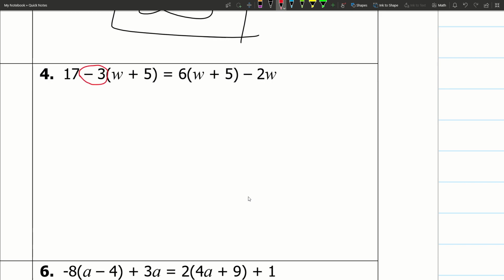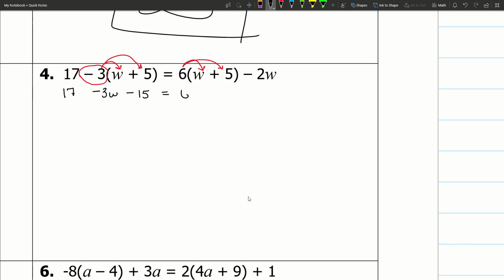We also should take that negative sign with it, or that minus sign, and distribute our 6. The 17 stays the same, so we have 17. Negative 3 times w gives us negative 3w. And negative 3 times positive 5 gives us negative 15.